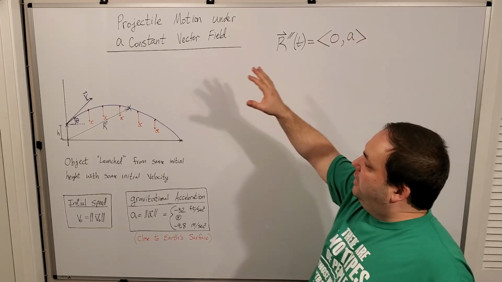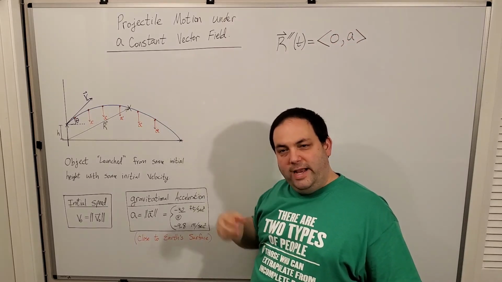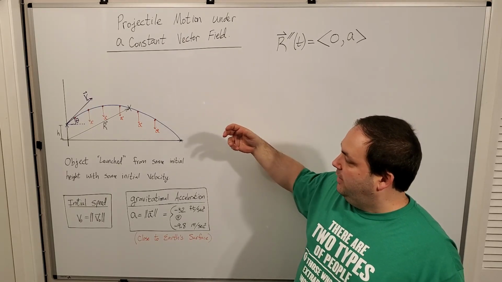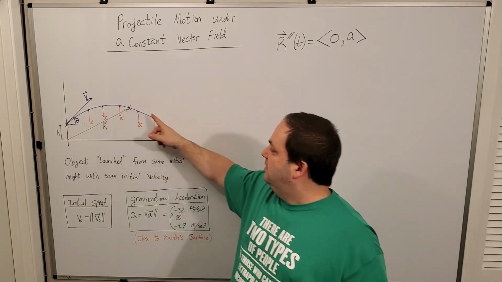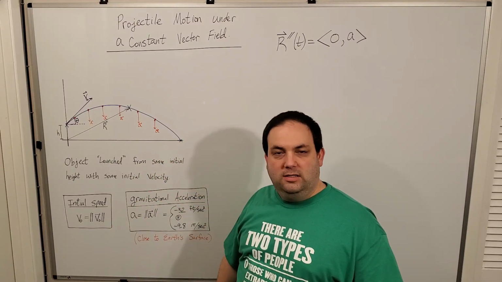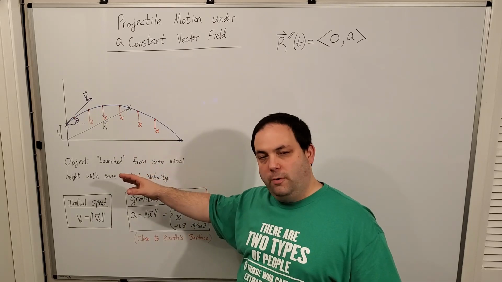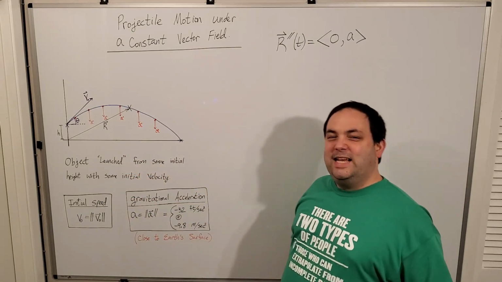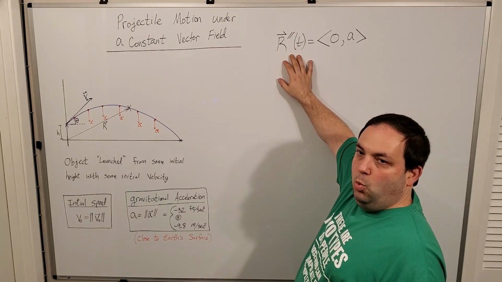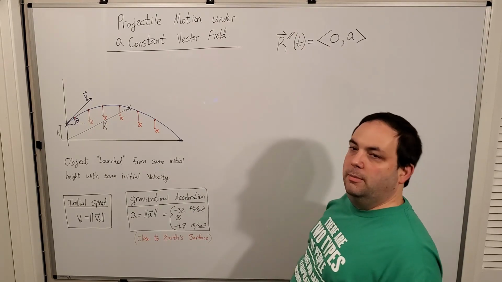The first thing you need to realize is, since that is the acceleration, right? The acceleration is why this thing is bent the way that it is, and it's a constant acceleration because we're in a constant vector field. That's the assumption, right? So that's my second derivative. My second derivative vector function would therefore be 0, a.